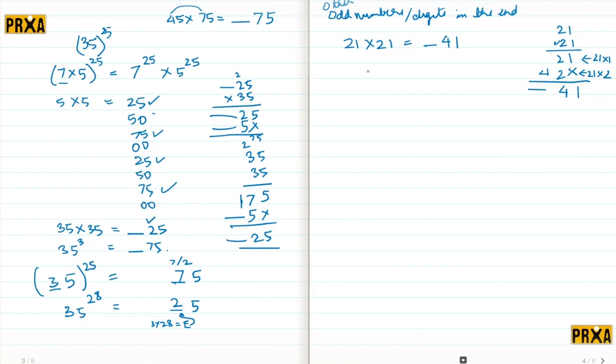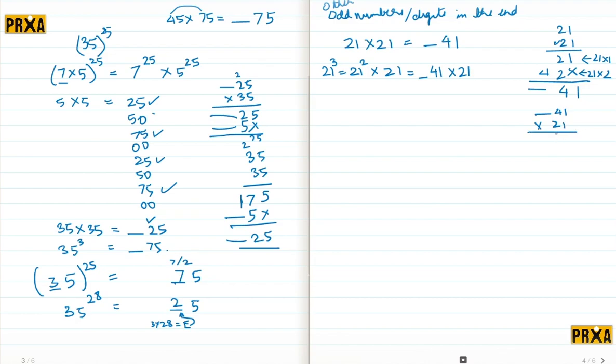Keep paying attention to how this moves. Now if let's say I were to find 21 cube, it is going to be 21 squared times 21. So the last 2 digits of 21 squared are 4 1. Let's multiply this by 21, and this is how it will look. So something 4 1 multiplied by 21.